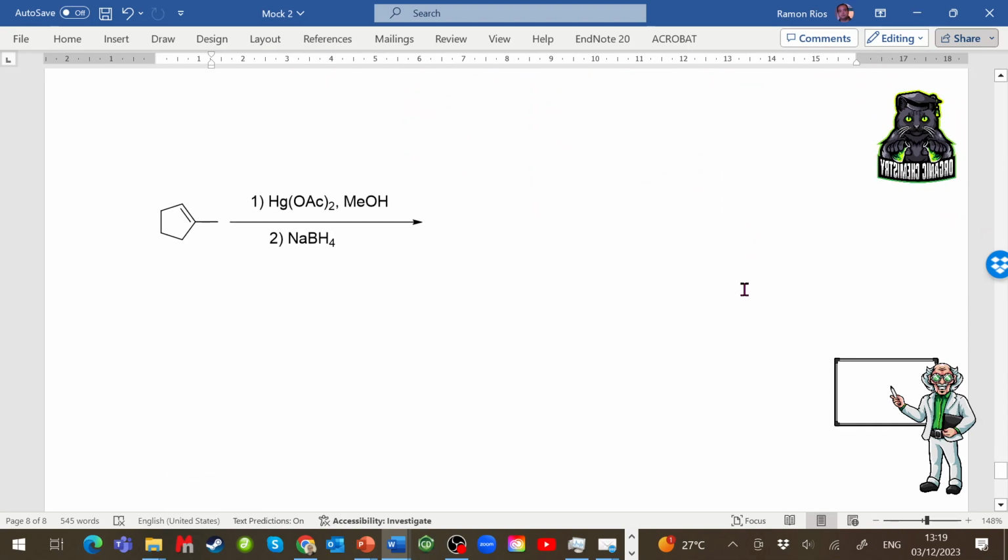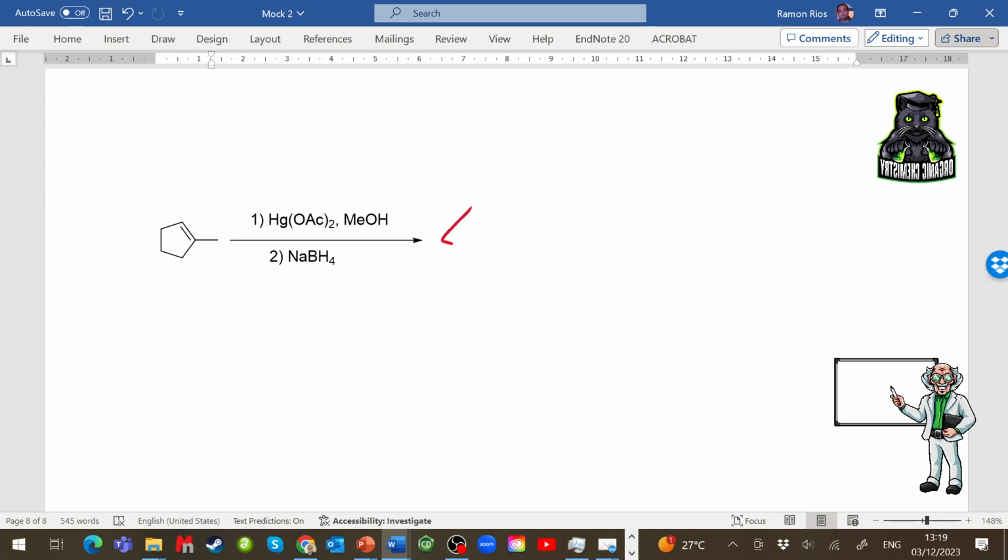Next one is the same compound, but now we treat it with mercury. Remember, the first step will always be the same. We are forming the three-membered ring with the mercurinium. Okay?